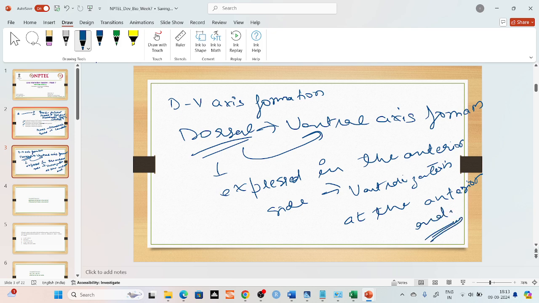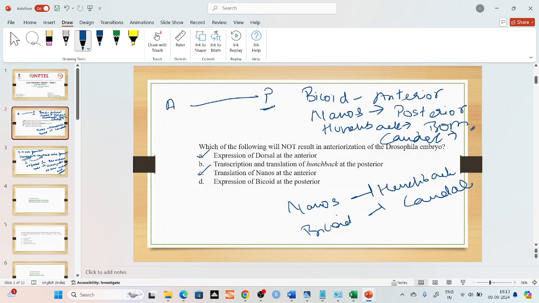Okay, so dorsal will start ventralization at the anterior end. So anterior axis would not be formed. So in this way, option A is correct. Understood? Because dorsal is a protein which is responsible for ventralization of the Drosophila embryo. That means dorsal protein helps in ventral axis formation.